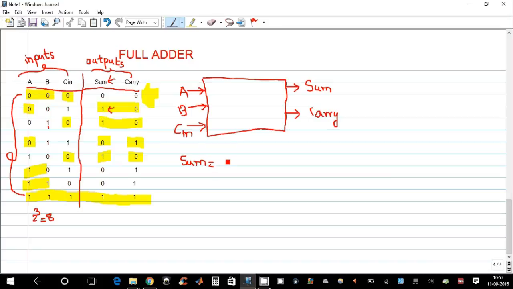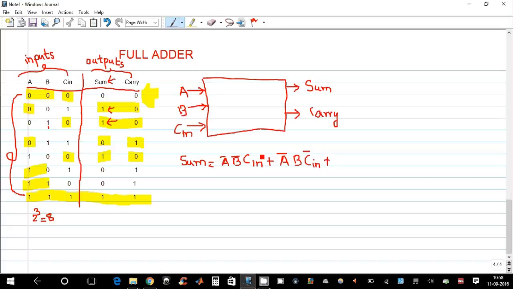This can be represented as a Boolean expression as A bar, B bar, C in, and there are three more sets of inputs. Sum is equal to 1 for A equal to 0, that is A bar, B equal to 1 and C in equal to 0.